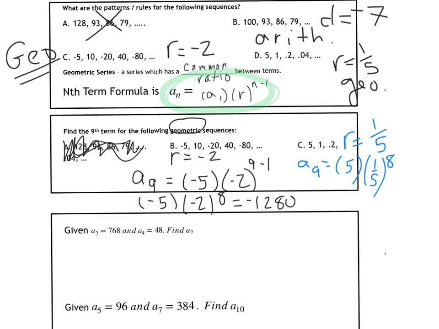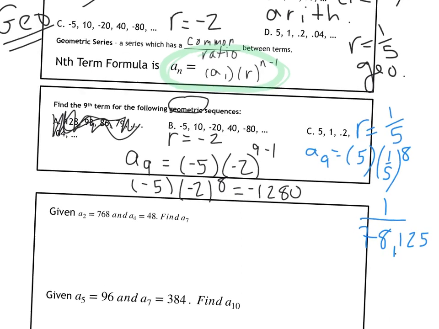And we compute that out. So that ends up being 1 over 78,125. Okay? All right. So there's one type of problem.